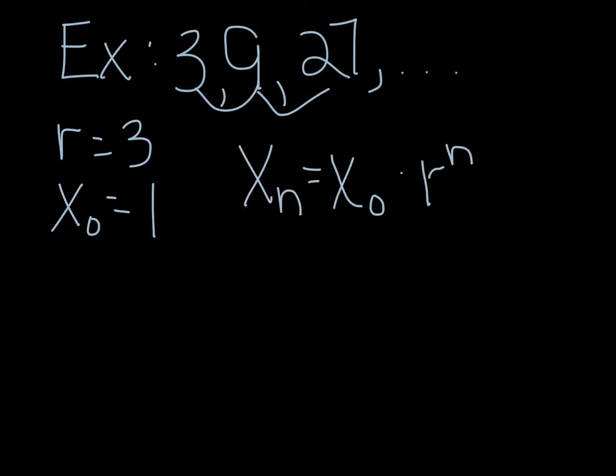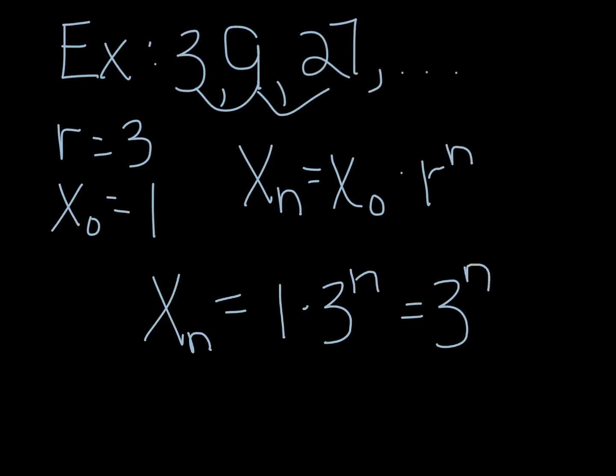Now we can fill in the formula. So when we fill in the formula, we have x sub n, so the sequence equals the 0th term, which is 1 in this case, times the common ratio of 3 to the nth power. So we can just simplify that and write 3 to the nth power. If we find the sequence to make sure it works, the first term would be 3 to the first, which is 3.